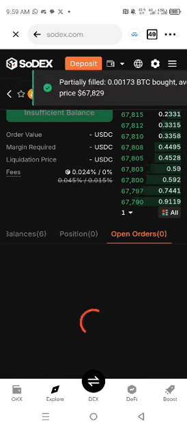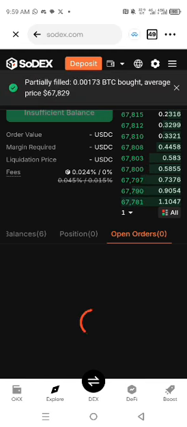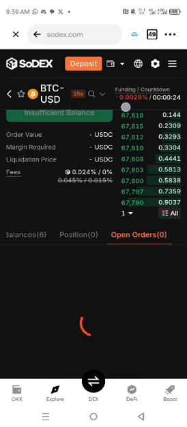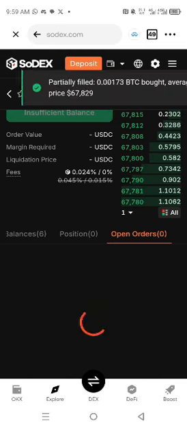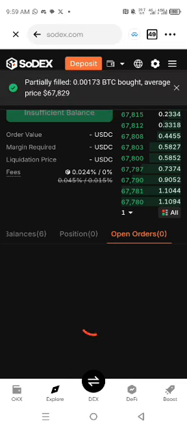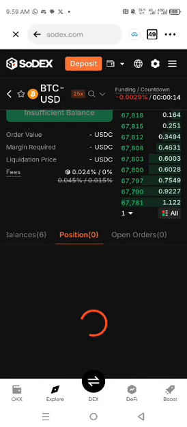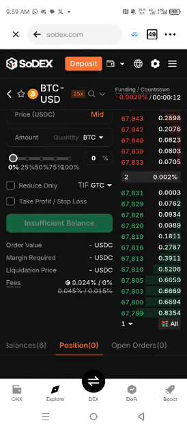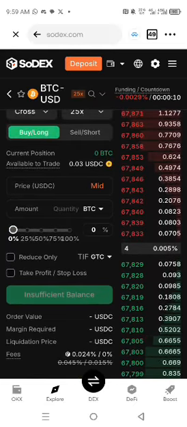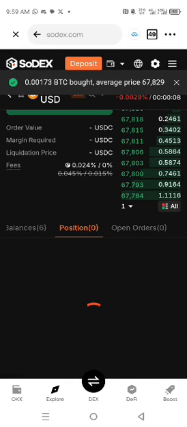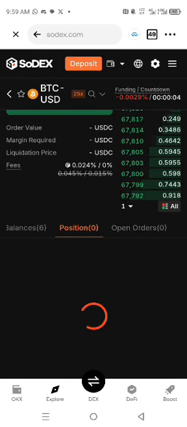Okay, it has entered into the trade now. So let's watch what it's going to do. As it has entered into the trade, it's going to be under position. The network is a bit slow this morning, but I'll see it under position, right? And then what you need to do down here is to know your position, whether you're making profit or losses.